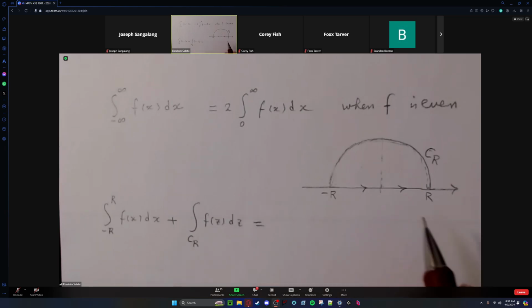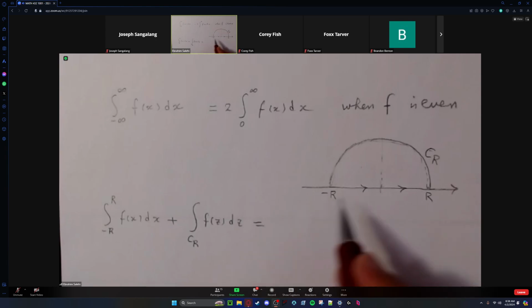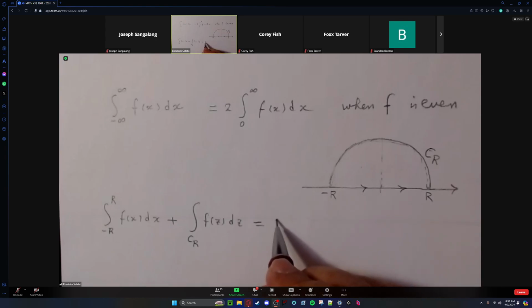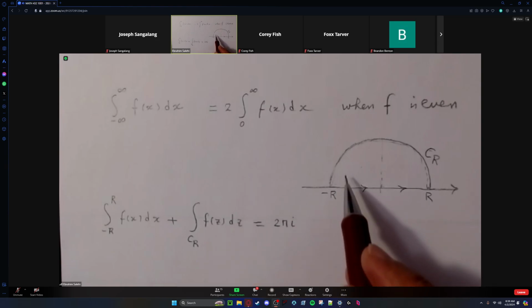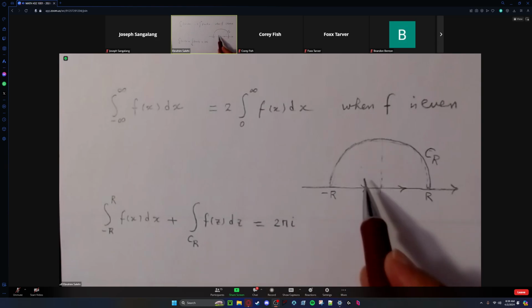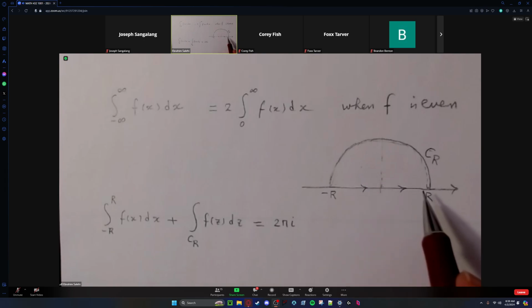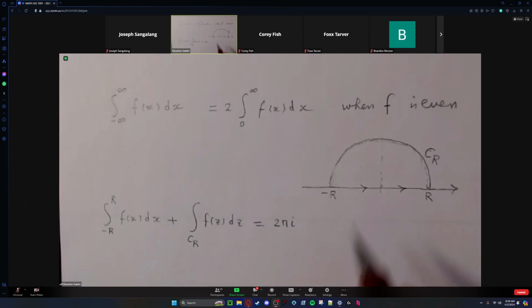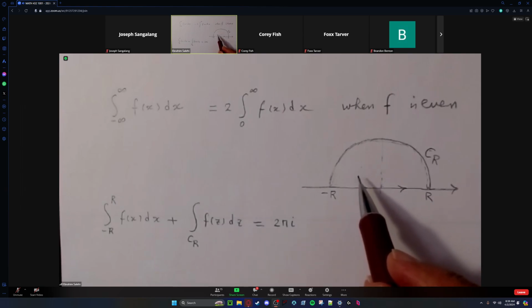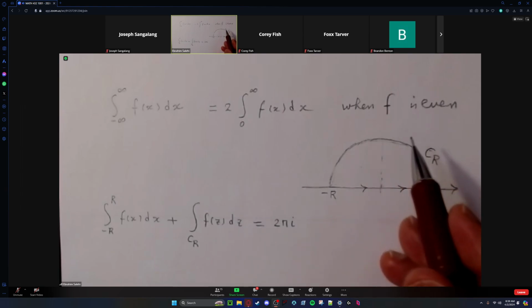That will be 2 pi i times the sum of the residues that are inside here, right? And since we are going to let R approach infinity, it will be the residues on the upper half plane.